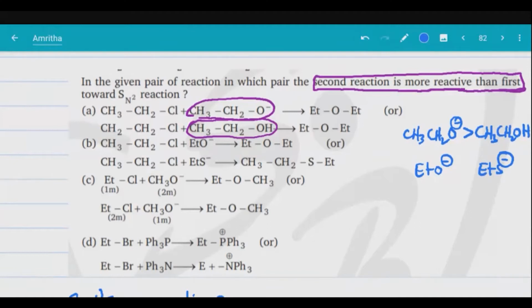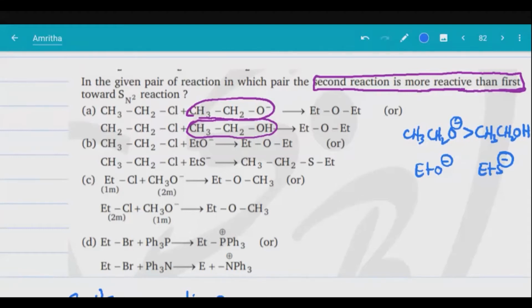Oxygen and sulfur, which gives electrons easily?